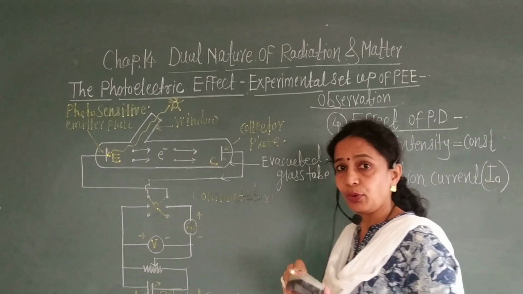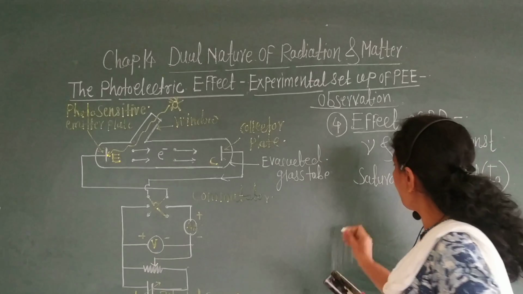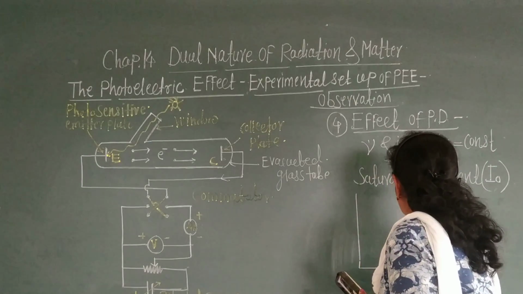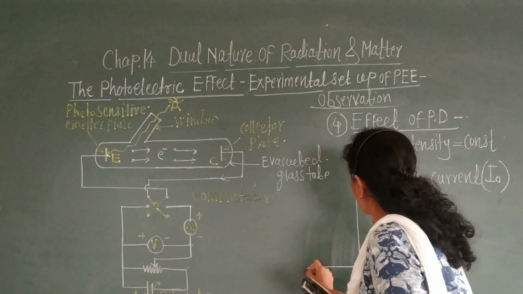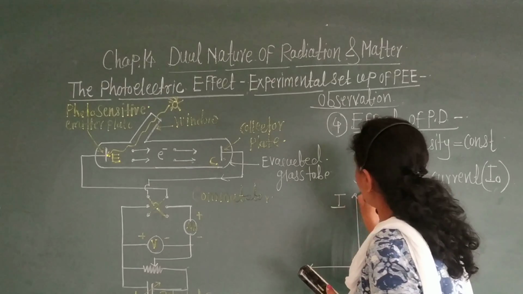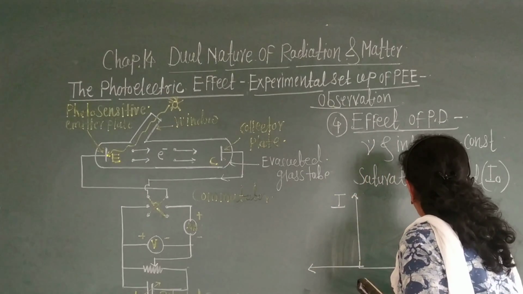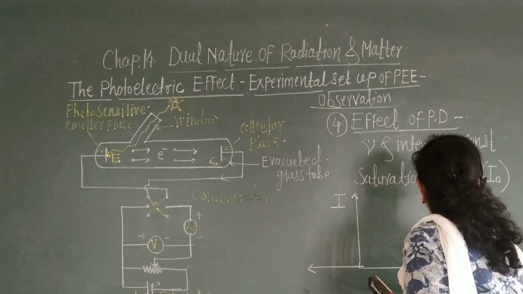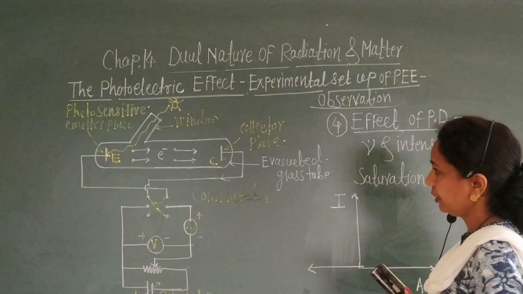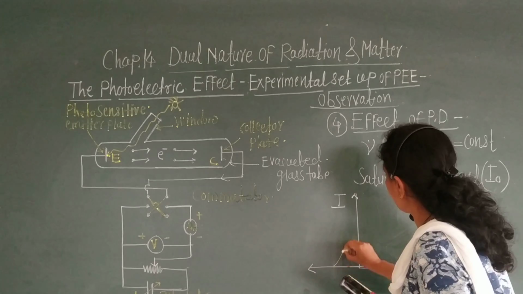If you plot a graph of photoelectric current versus accelerating potential V, the nature of graph is like this.